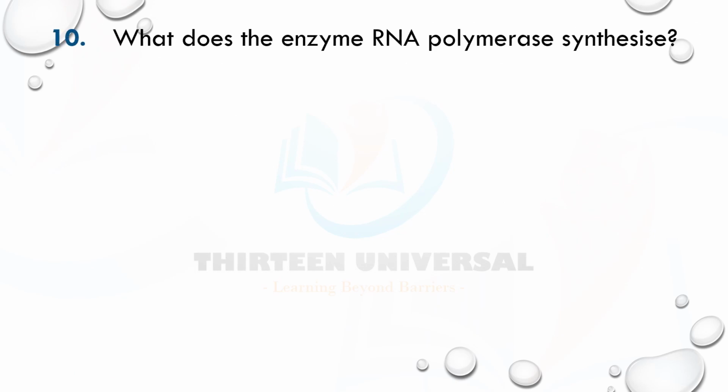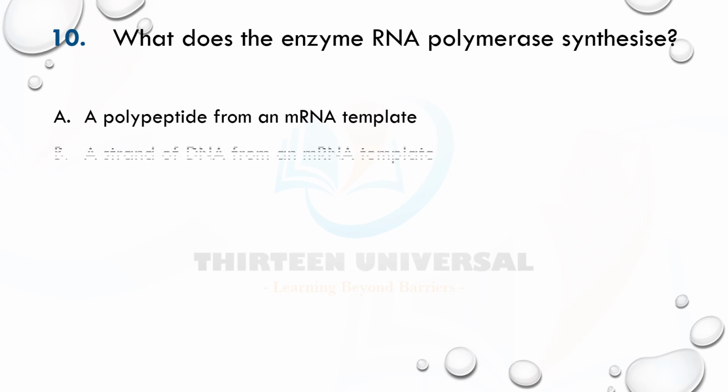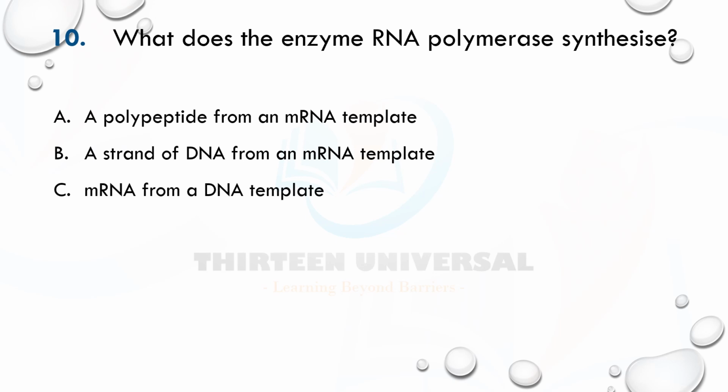What does the enzyme RNA polymerase synthesize? RNA polymerase, guys, is the enzyme that catalyzes transcription. I said it just now. Have you forgotten? It links up RNA nucleotides, forming phosphodiester bonds between them.